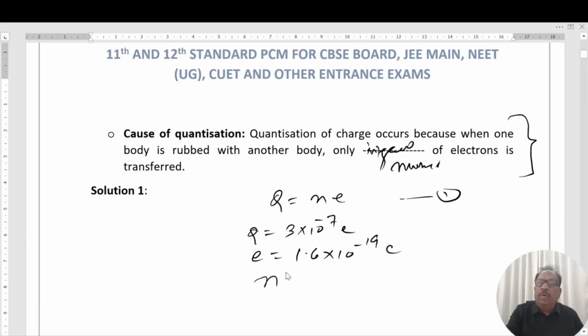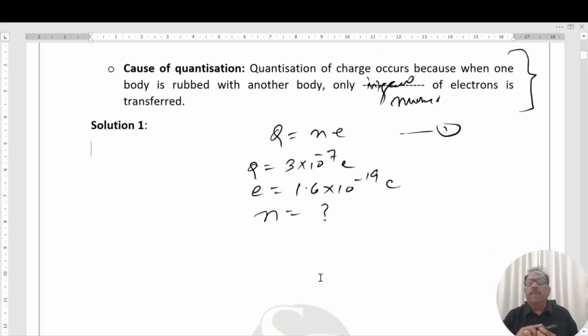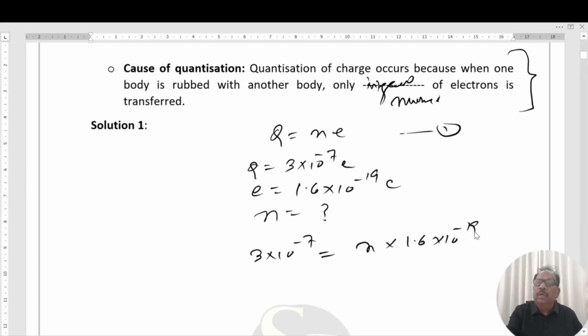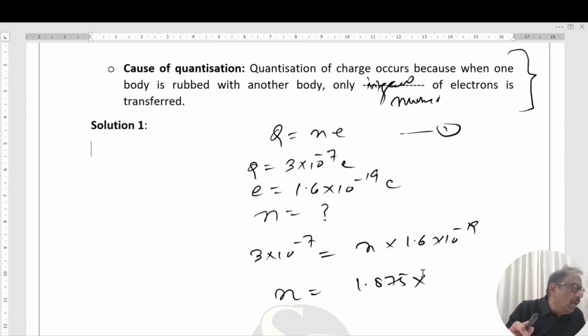We have to find the number of electrons. On substituting, 3 × 10⁻⁷ equals N into 1.6 × 10⁻¹⁹. On simplification, N comes to 1.875 × 10¹².